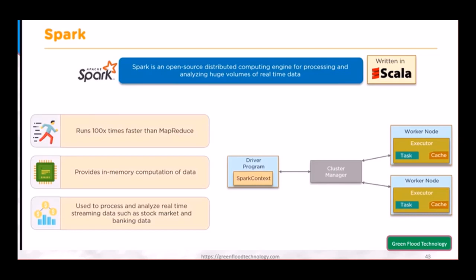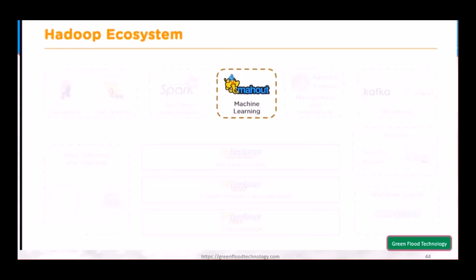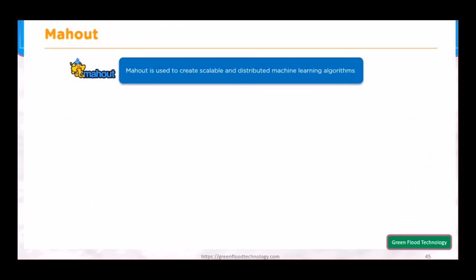The next one is the Hadoop ecosystem's Mahout, a machine learning tool for running scalable machine learning algorithms in a distributed fashion. Mahout is used to create scalable and distributed machine learning algorithms. It provides an environment for building machine learning applications.